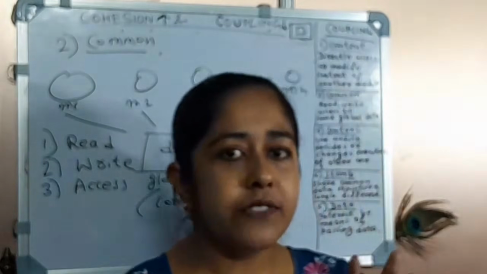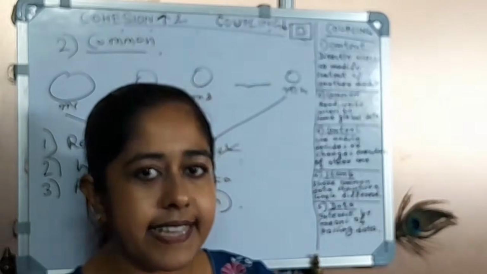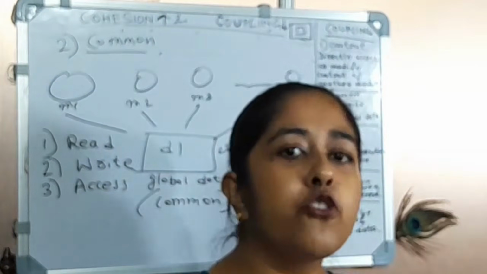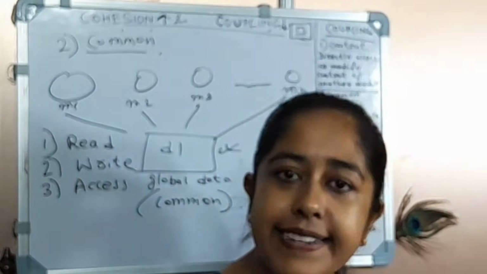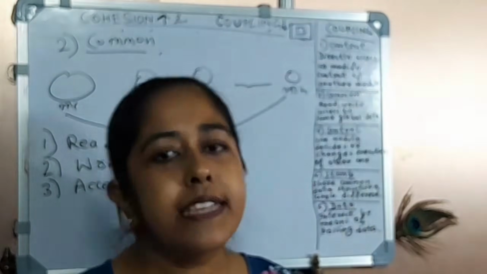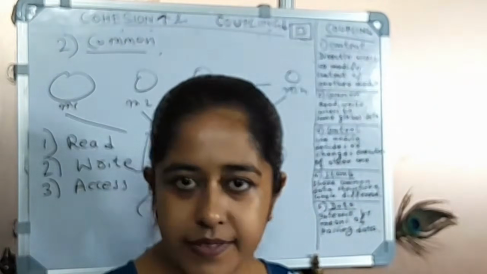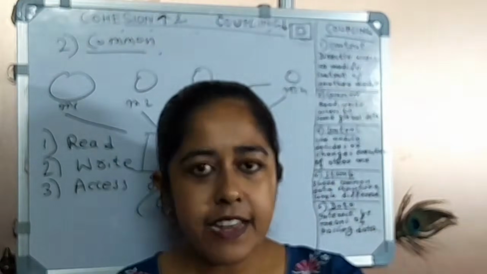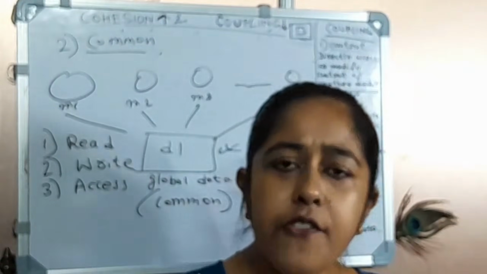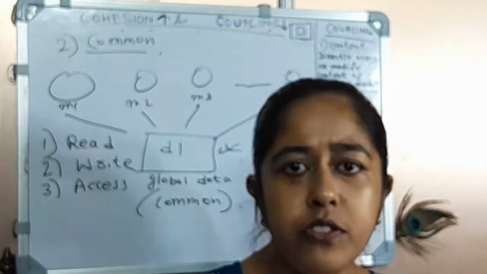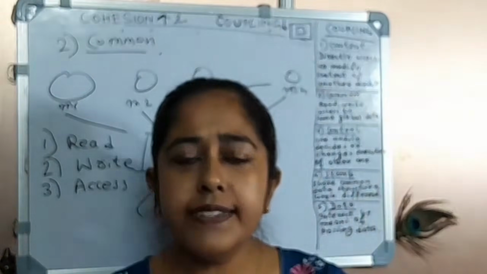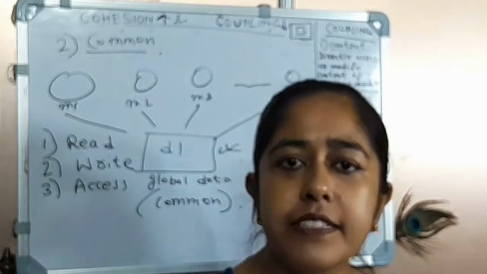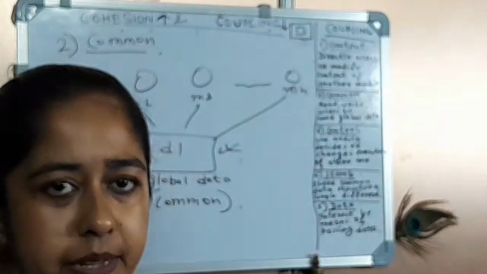Those modules which are accessing, writing, reading a particular global data, that common feature is known as our common coupling. Common data has been accessed, written or read by all these modules. These modules are grouped together, and the interdependability between them is judged by this. This is known as common coupling.